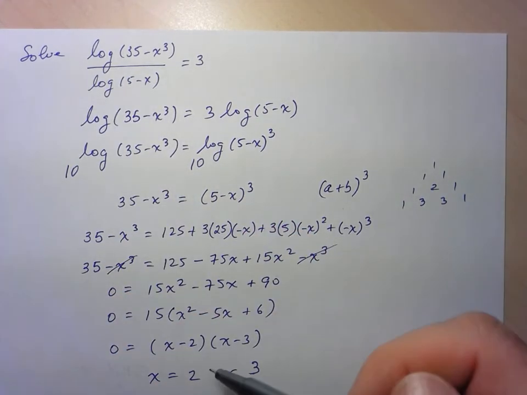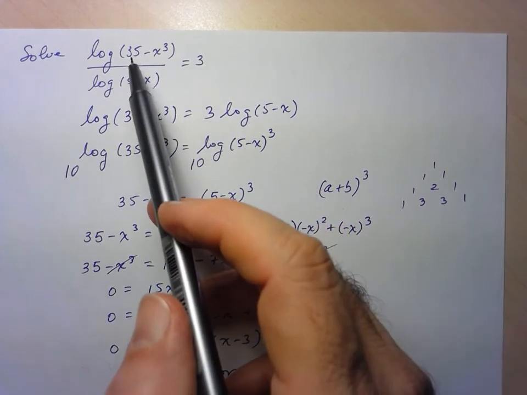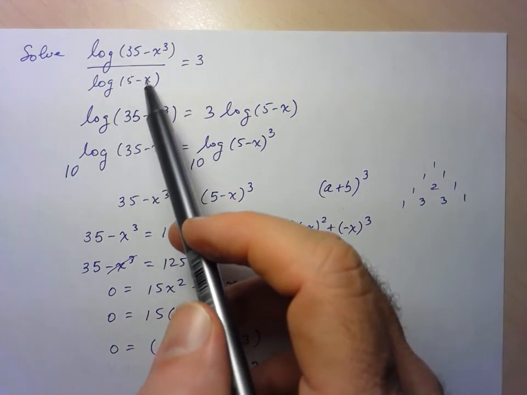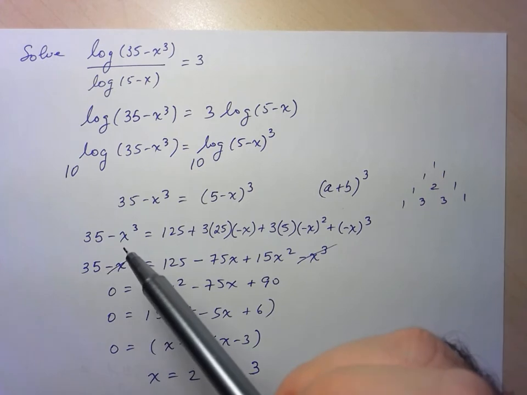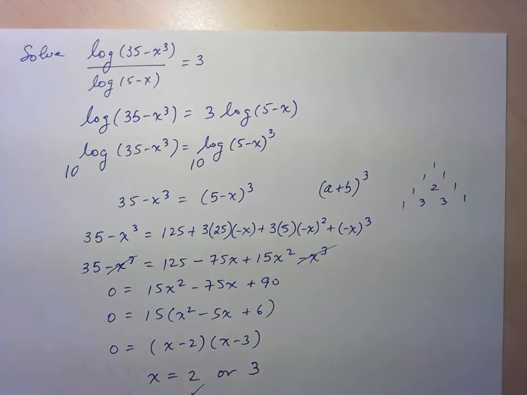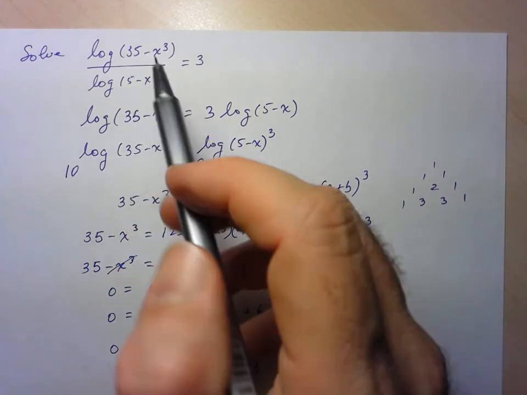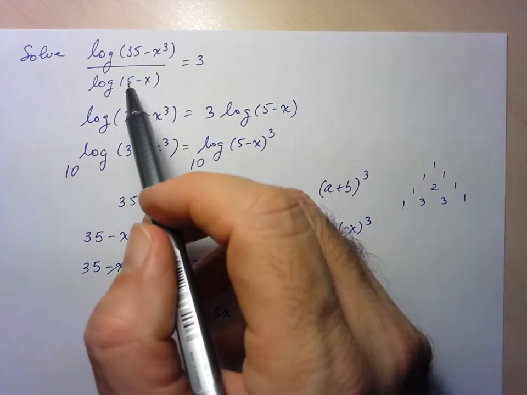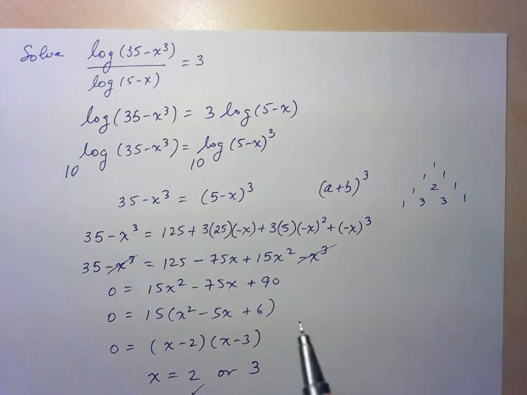So let's check out the 2. 35 minus 8, positive, positive, and the denominator is not going to be equal to 0, so 2 is a perfectly good answer. Let's do the same thing with 3. 35 minus 27, positive, this is still positive, doesn't make the denominator 0, so both answers are correct.